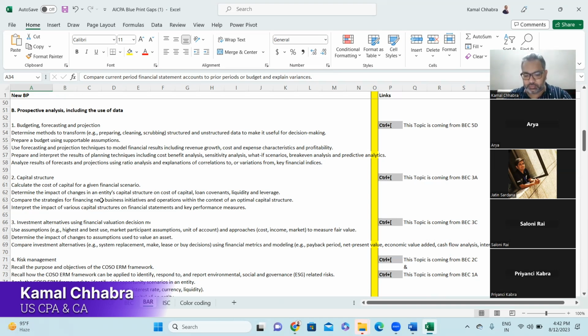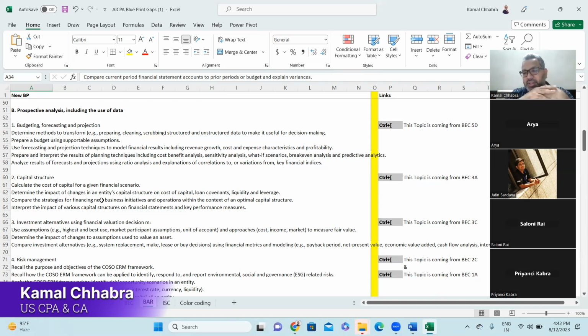Surplus budget, deficit budget. Okay, what else? Have you heard of fixed budget, flexible budget, master budget, capital budget, sales budget, purchase budget? Have you heard these terms? Yeah, a few of them.